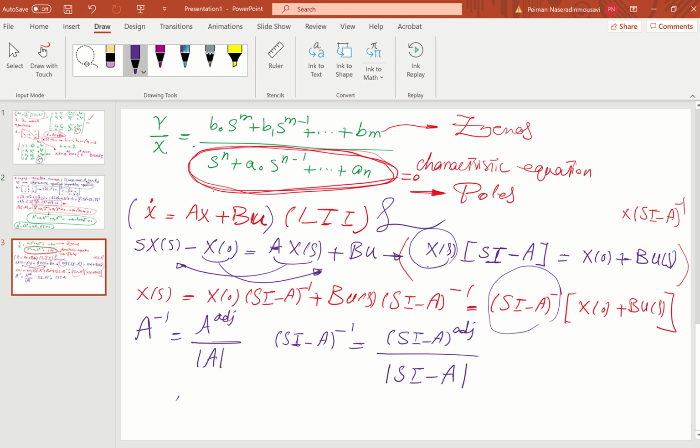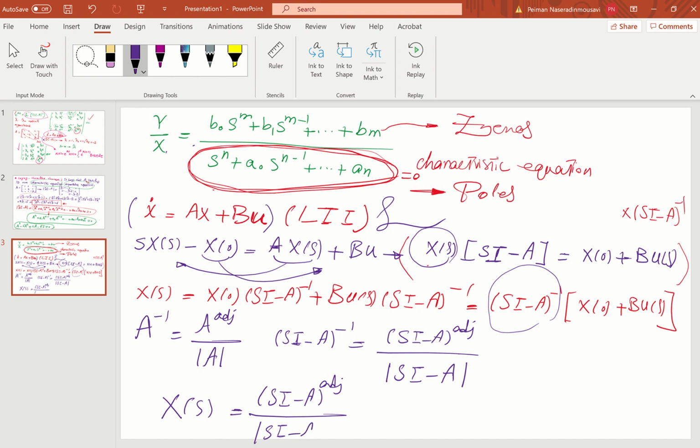So, writing X(s) in symbol form, it is the adjugate of (sI minus A) divided by the determinant of (sI minus A), times X at time 0 plus BU(s).